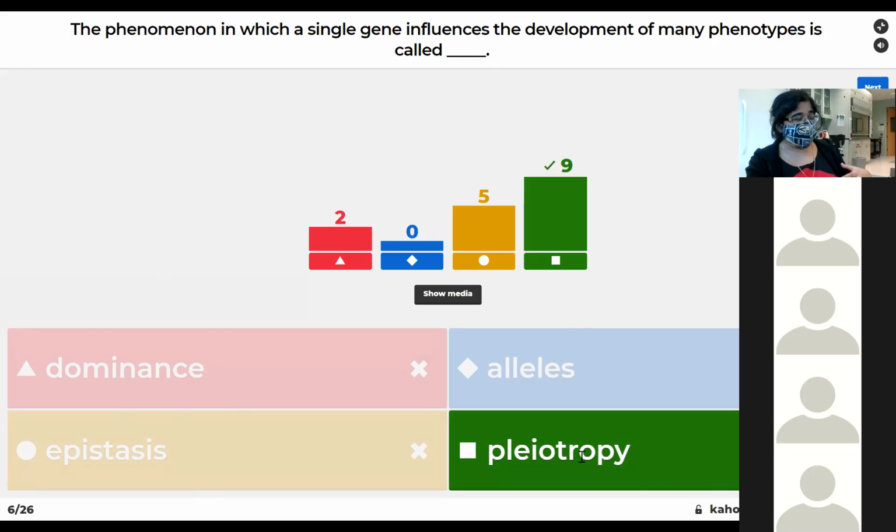Whereas with pleiotropy, you end up with one gene controlling a whole bunch of phenotypes. For example, one little gene can be controlling hair color, eye color, skin color, depending on whatever trait it's going on. So that's kind of what they mean by pleiotropy. Does that make sense? Okay, good.